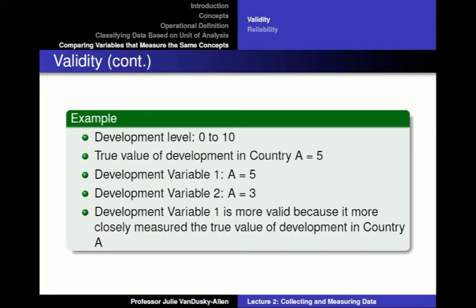And imagine we knew that the true value of development in country A was 5. Then imagine we created two different variables that measured development. The first variable coded country A as a 5, and the second one coded country A as a 3. Clearly, development variable 1 is a more valid measure of development because it more closely measured the true value of development in country A.